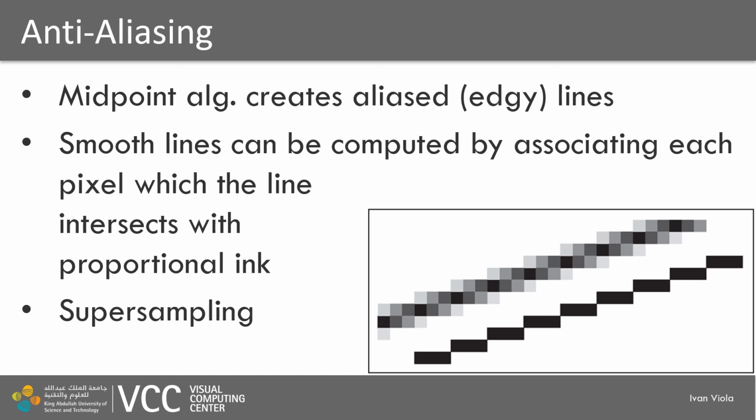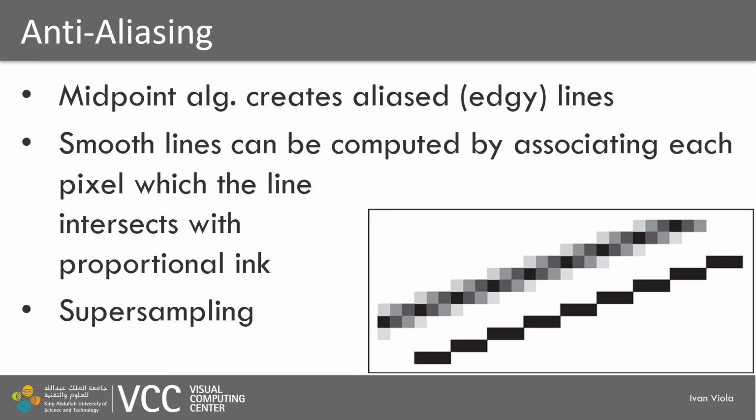So we compute our rasterization for such a large area, and then we sample down or reduce the resolution of the screen and realize that we have computed 4 samples per each pixel in this lower resolution.